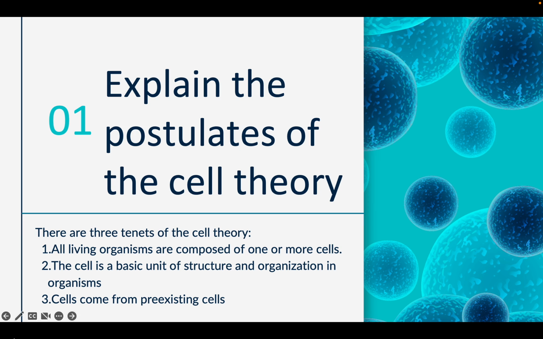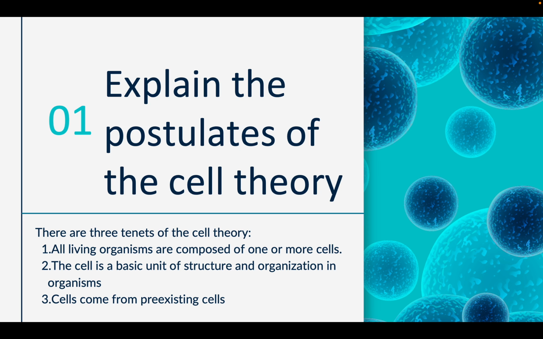Okay? Everybody read the last tenet. Cells come from pre-existing cells. So it proposes that new cells are produced through the division of pre-existing cells. In other words, cells do not spontaneously generate from non-living things.